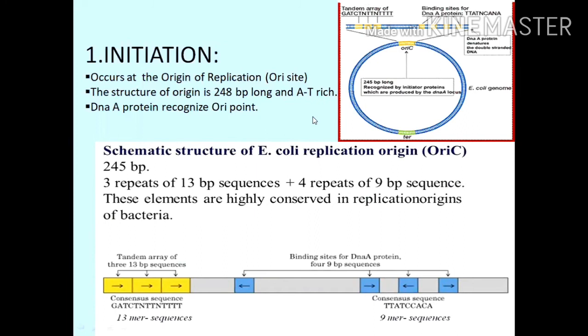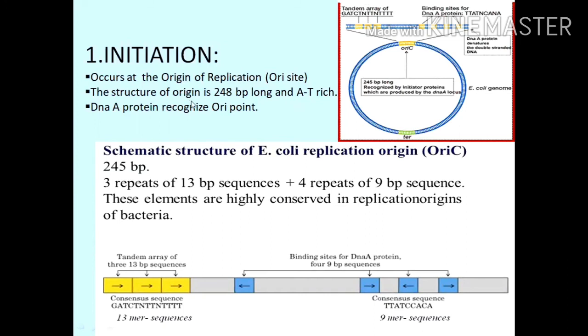The structure of the origin of replication is recognized by a protein molecule, the DnaA protein, which recognizes the ORI point in the genomic material, whether it is a circular chromosome or a double-stranded helix structure.